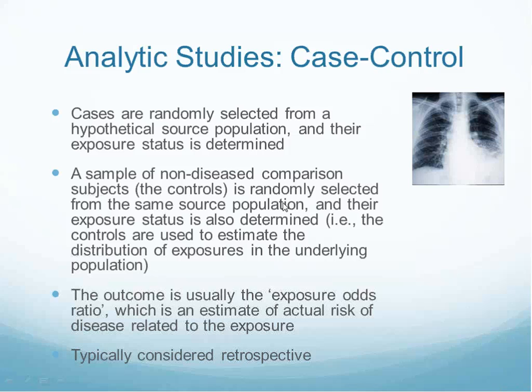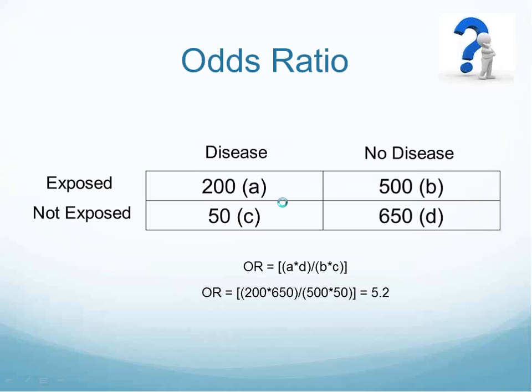So if you have 1,000 people and the risk of a certain disease is only 1 in 1,000, you might do the best designed prospective study ever, but if you only have one case to go on, you're not going to be able to do much. So for rare diseases, it's a much more efficient way to do things with the case control, because you'd have to have extremely large studies, which can be very expensive to do a cohort study.